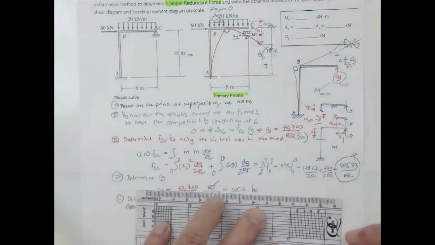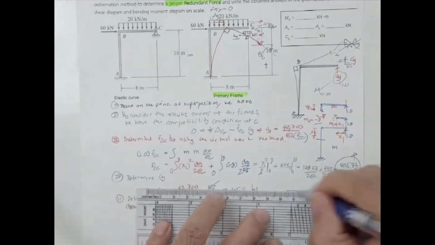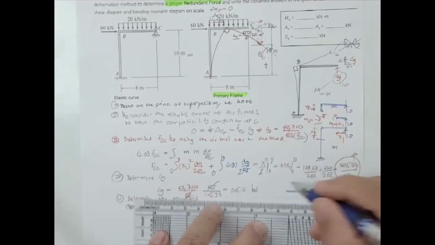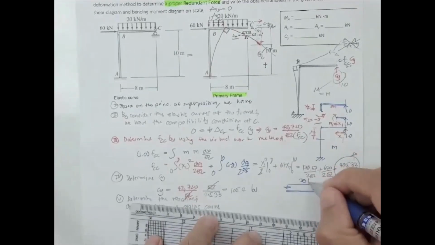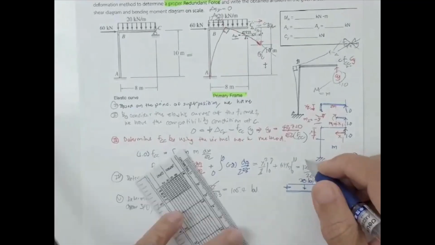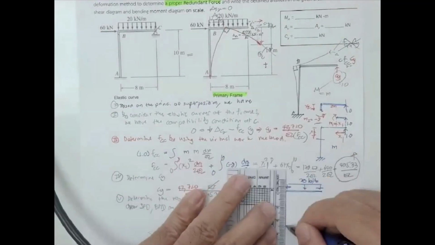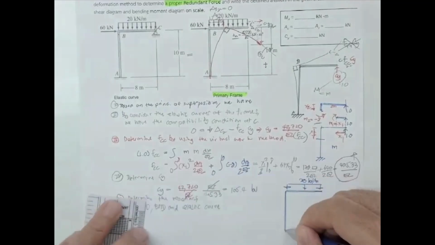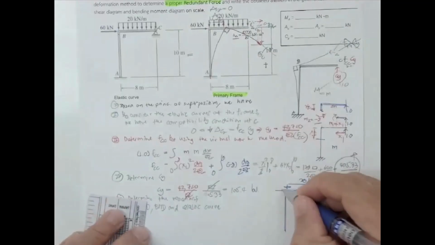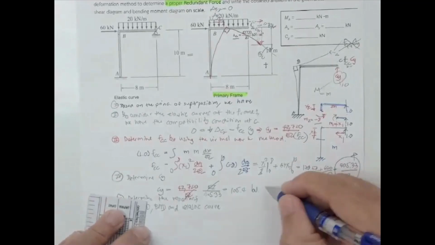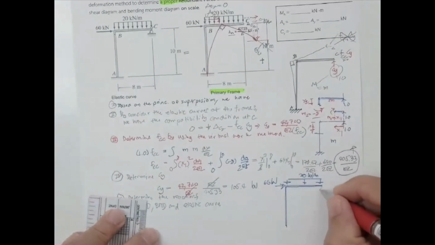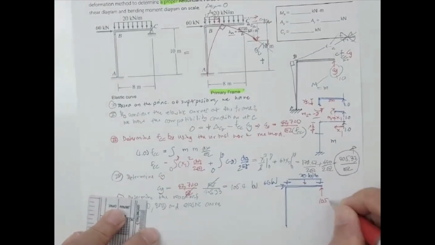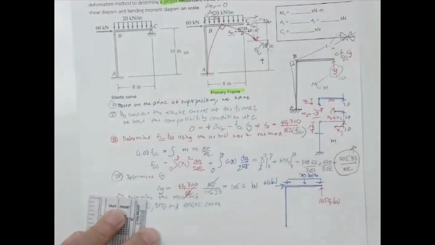Now, your frame is the frame subjected to the 20 kilonewton per meter, and the column over here subjected to point load B, 60 kilonewton, and C sub y is gonna be over here, 105.4 kilonewton.